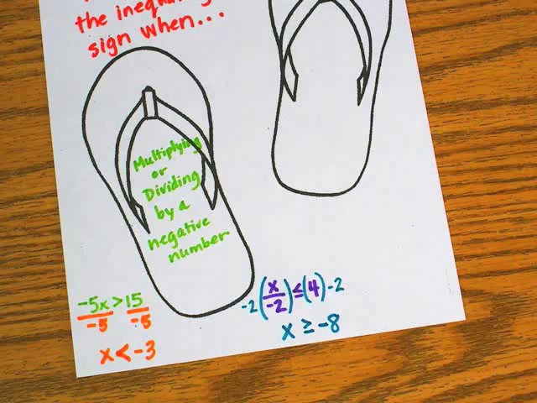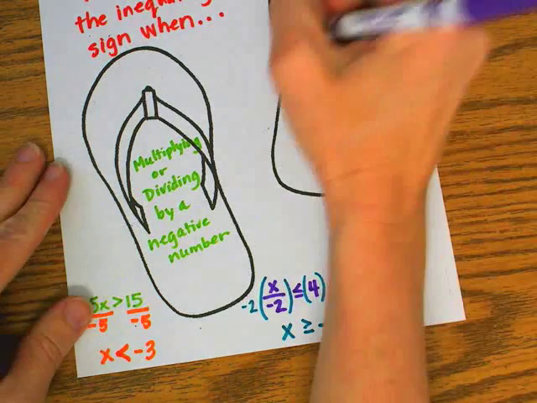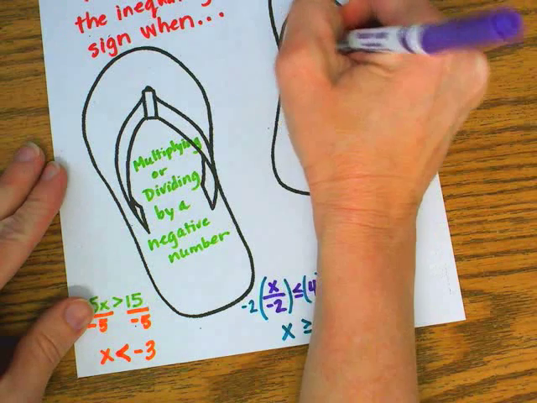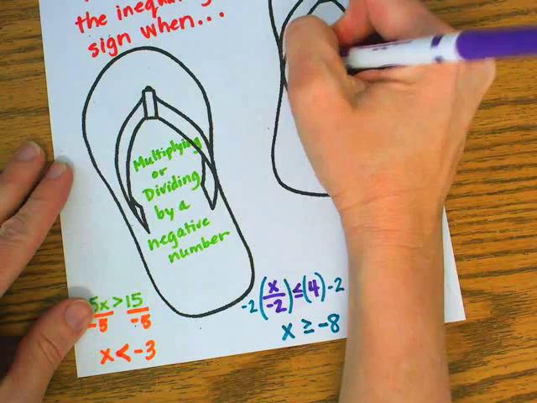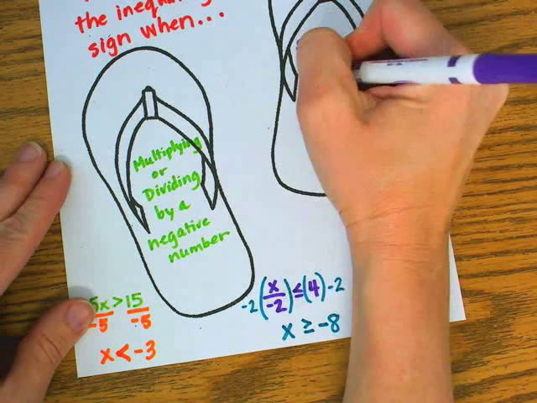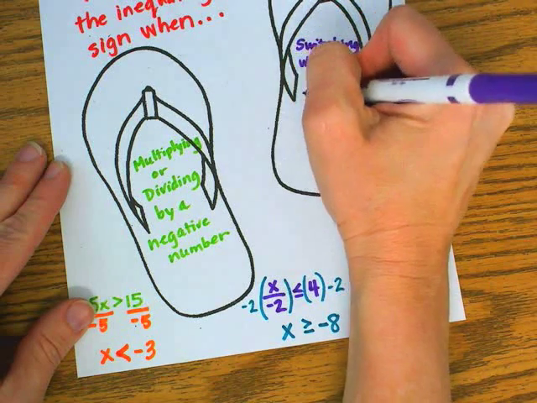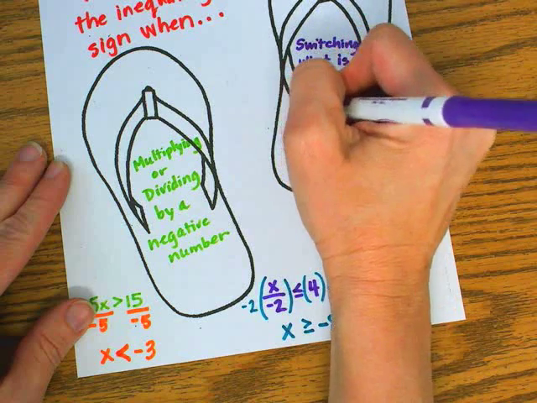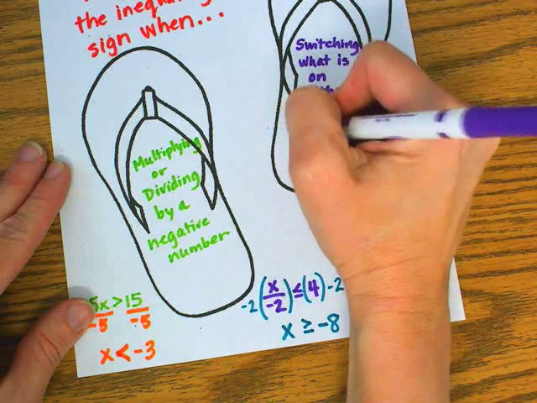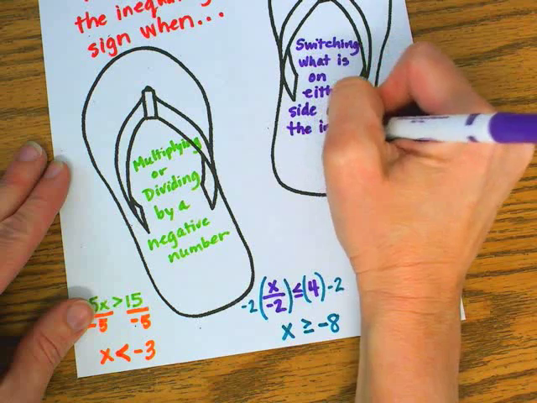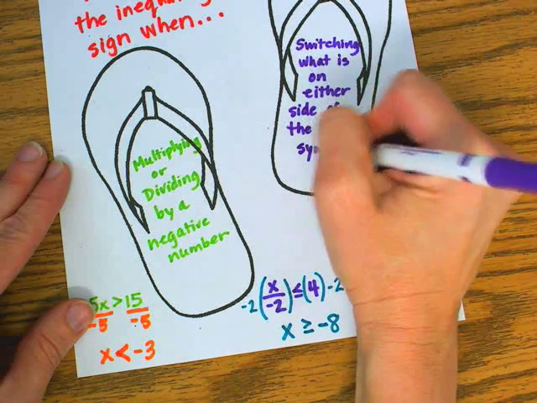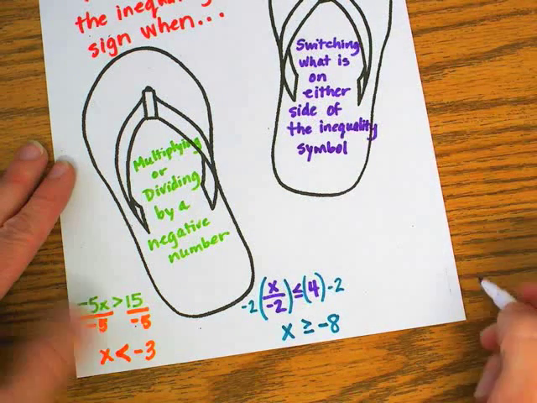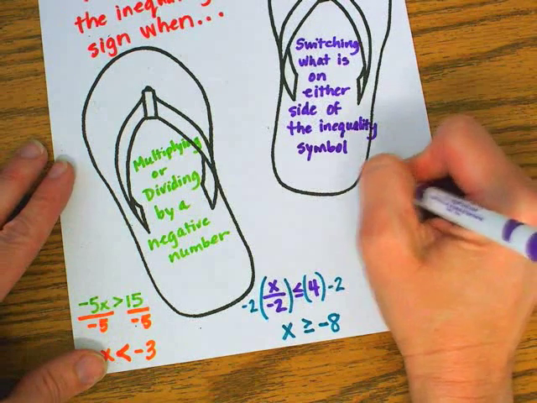The other time when we need to switch the inequality sign or flip-flop it is when switching what is on either side of the inequality symbol. What I mean by that is an example like 5 is greater than 3.